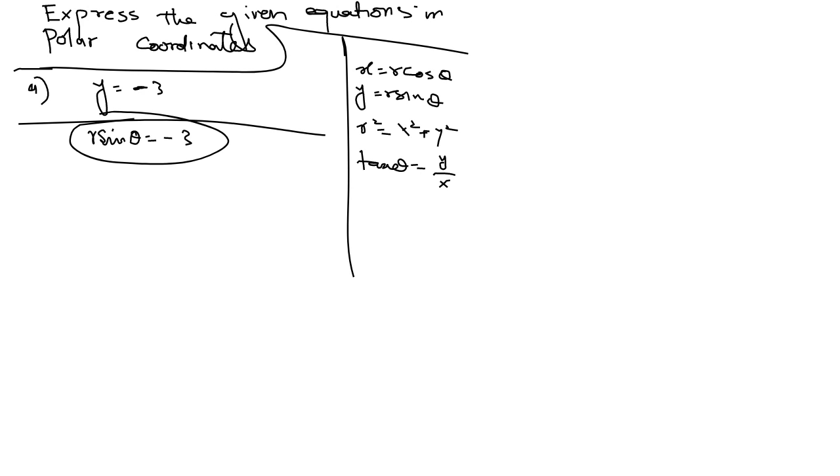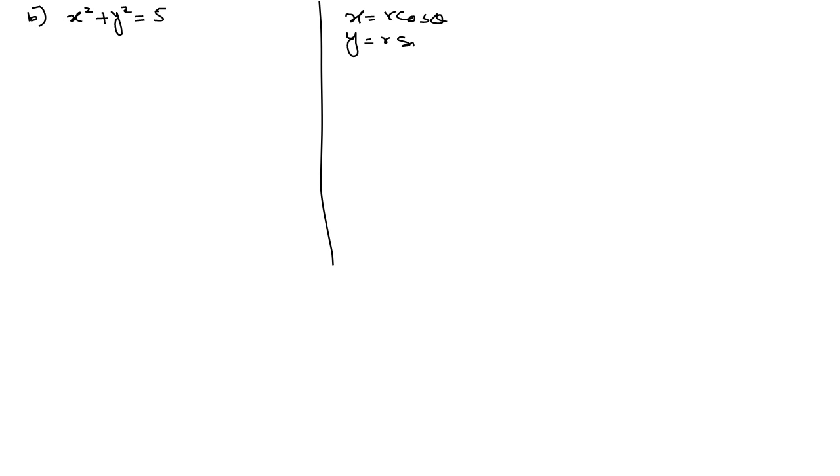Just replace y. Now the second part, x square plus y square is equal to 5. Now you have to change this one into the polar form. x is equal to r cosine of theta, r square is equal to x square plus y square, and tangent of theta is equal to y over x. Now x square plus y square is equal to what? r square.